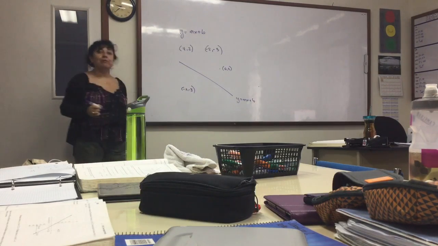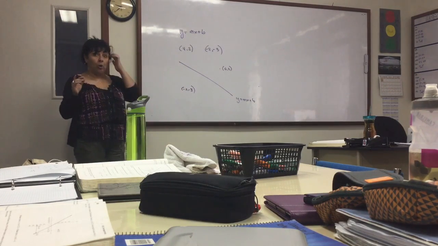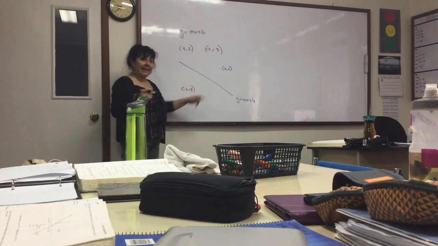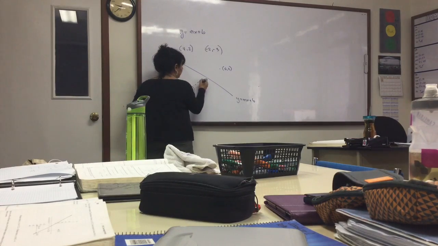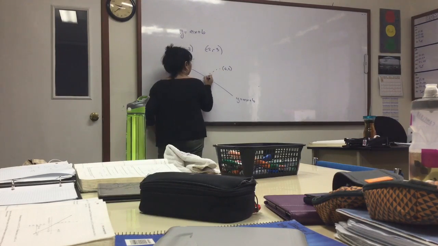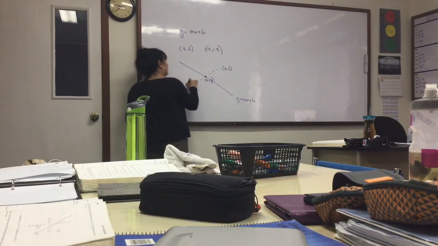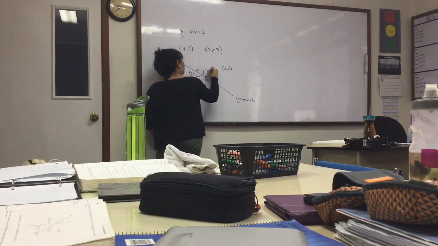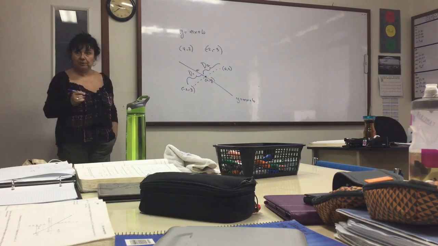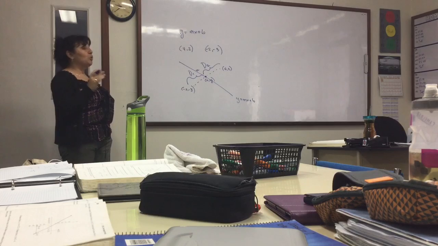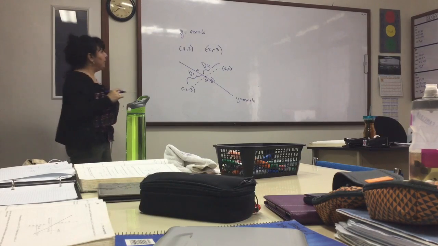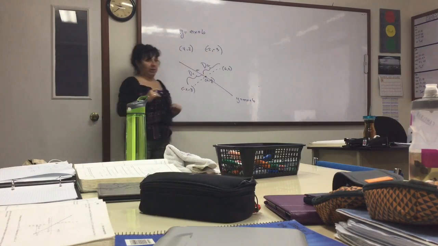Right? The only thing you know is that this line is equidistant. This is a point I don't know. But this distance to here is equal to this distance, that's what equidistant means, to here. So these are all the clues that you have. You know these points.